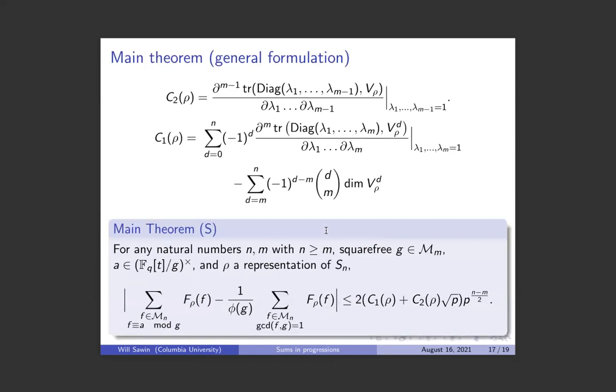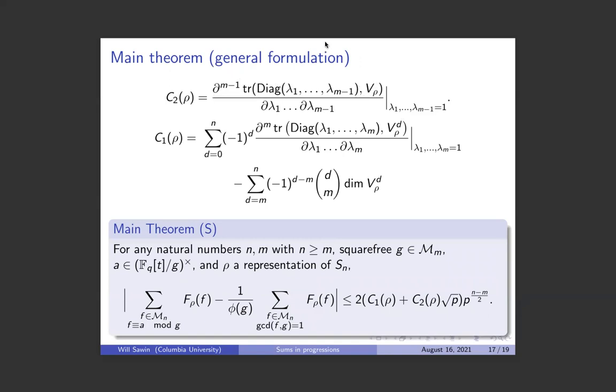And so let me now state a master theorem, which is going to be an estimate for the sum of f_rho in an arithmetic progression with square-free modulus for arbitrary rho. And it's going to be stated in terms of the characters of these two representations. So I have two terms, and the way I'm going to get these terms, these C's, is by taking this character, and instead of plugging in the roots of the L function, I'll plug in formal variables, lambda_1 through lambda_{m-1}.